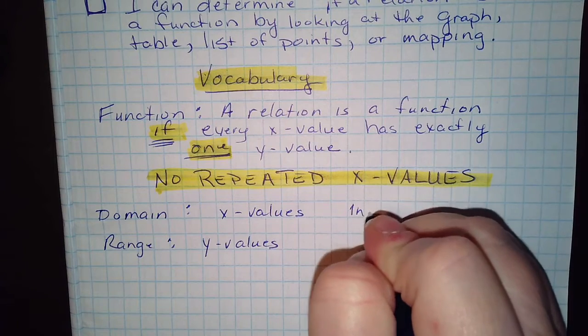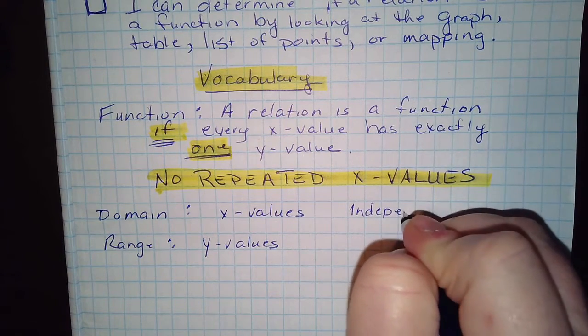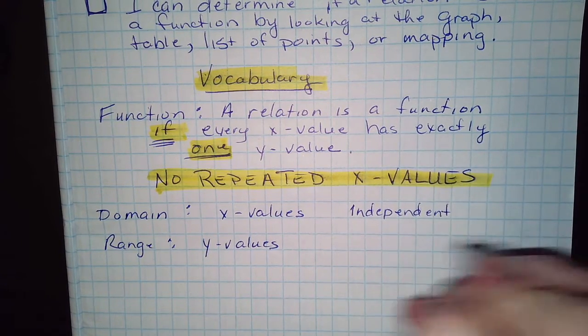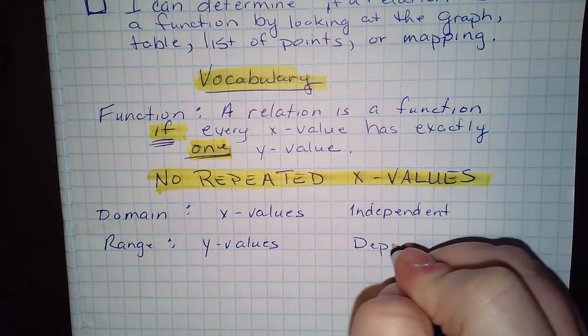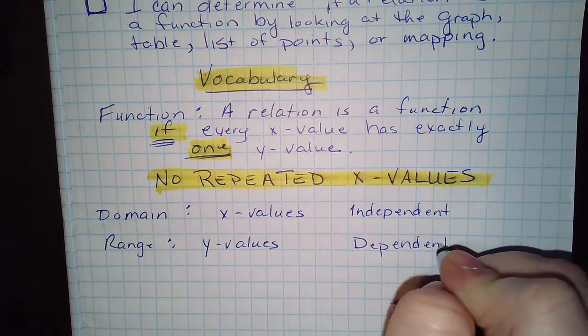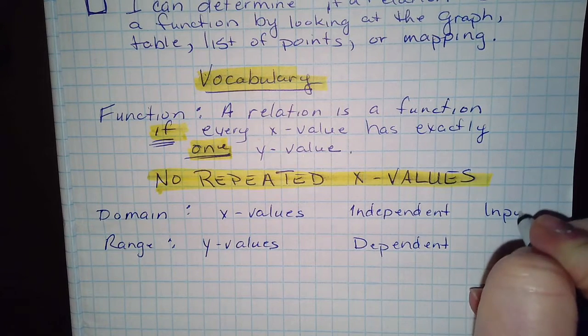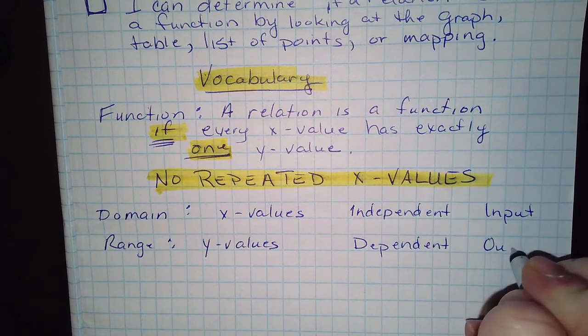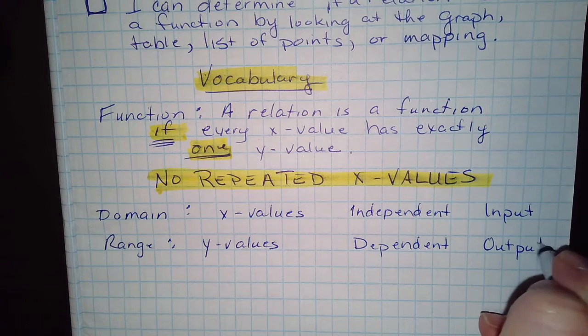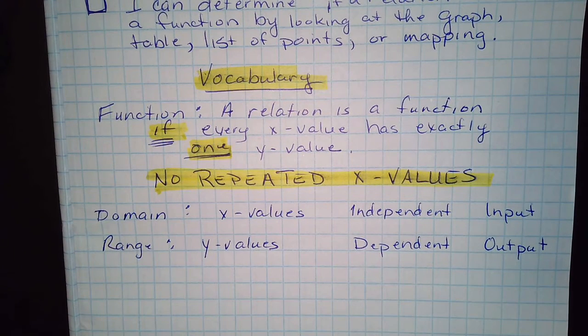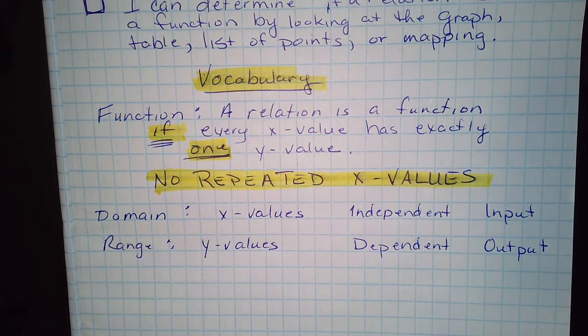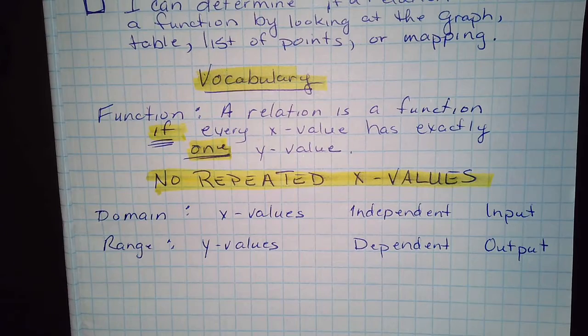Let's see, there's independent, there's dependent, there's input, there's output. So these are all some of the same words for the domain and range. You've got your domain, your range, your x values, y values, independent, dependent, input, output. All these are the same words that have the same meaning, they're just different words.